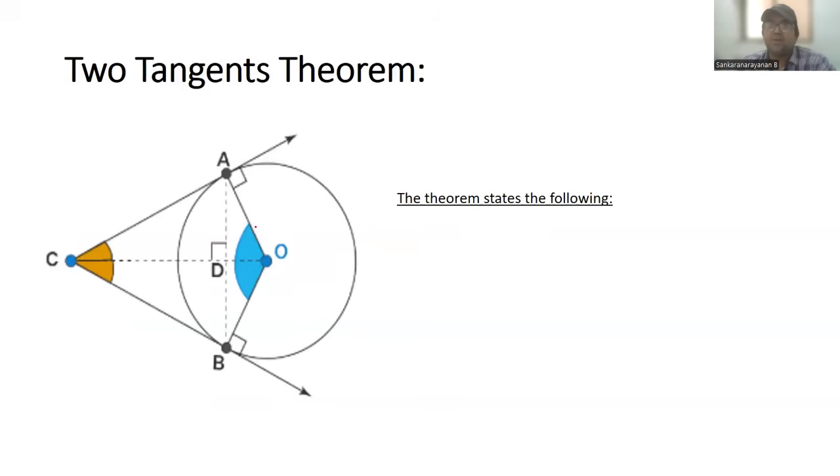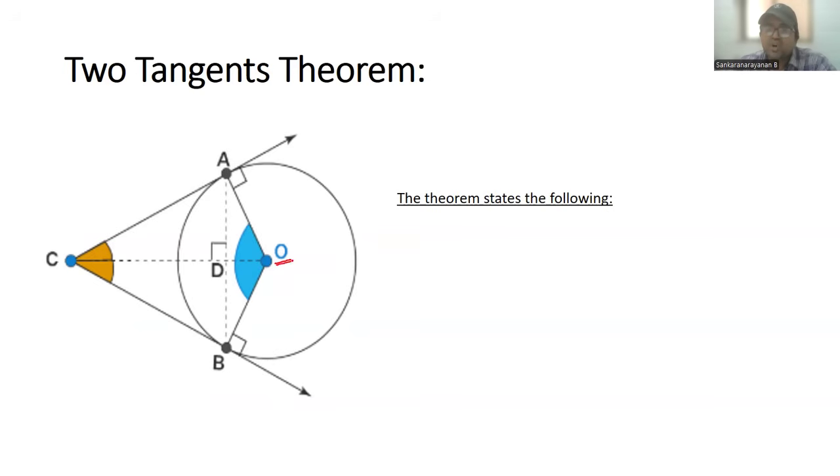Now let us talk about the two tangents theorem. I am not going to state that theorem and then explain it, but rather I shall present to you the results based on the two tangents theorem. Okay, so consider that we have a circle here.